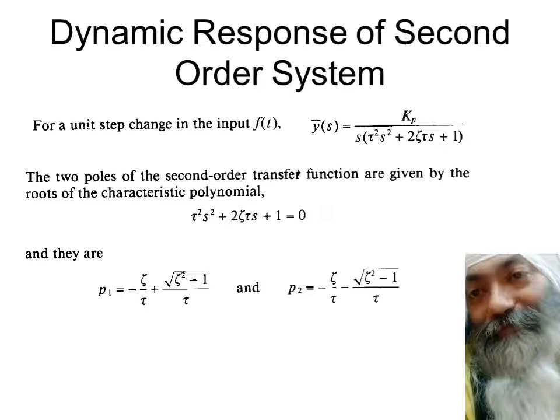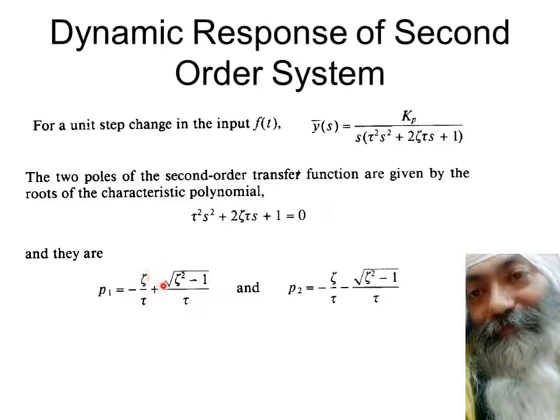In the second case it's the same, but instead of plus you have minus. Depending upon the value of zeta, if zeta is greater than 1, the two roots will be real but unequal. If zeta is equal to 1, then 1 minus 1 is 0, and you will have two roots which are still real but the same.